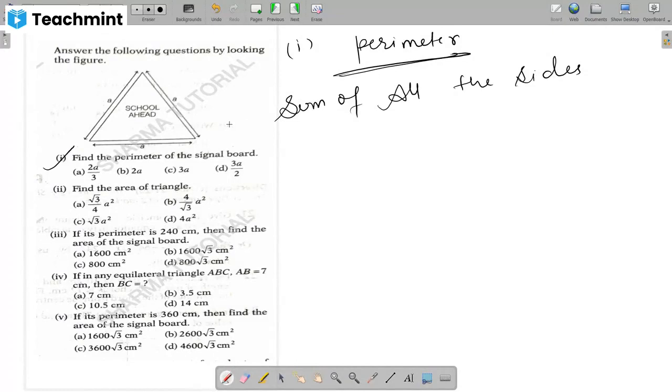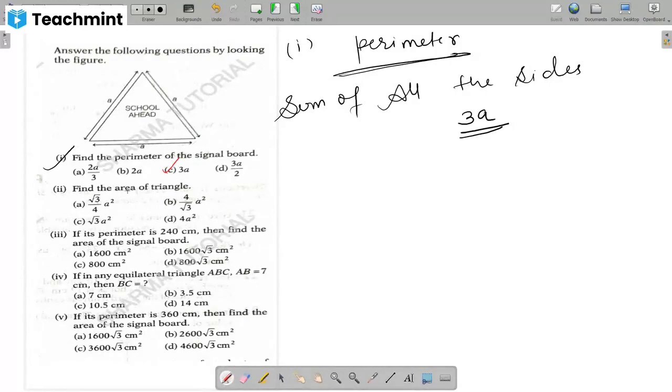So perimeter will be A plus A plus A. It means 3A. So the correct option is option C. Very simple. Correct option is C.